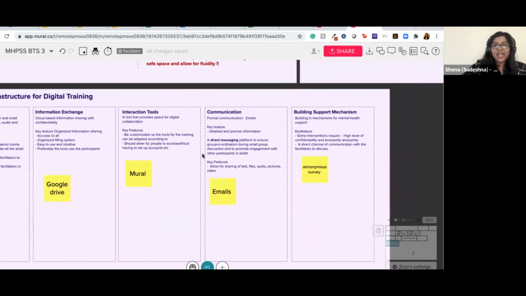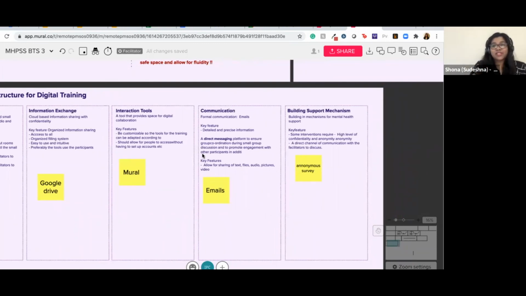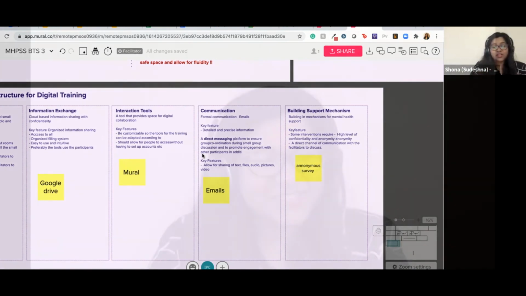And then finally, we had building support mechanisms, which were anonymous ways of telling your facilitators how the training is going and if you need any help, so that people could engage directly and not have to, if they don't want to say anything on the public forum.